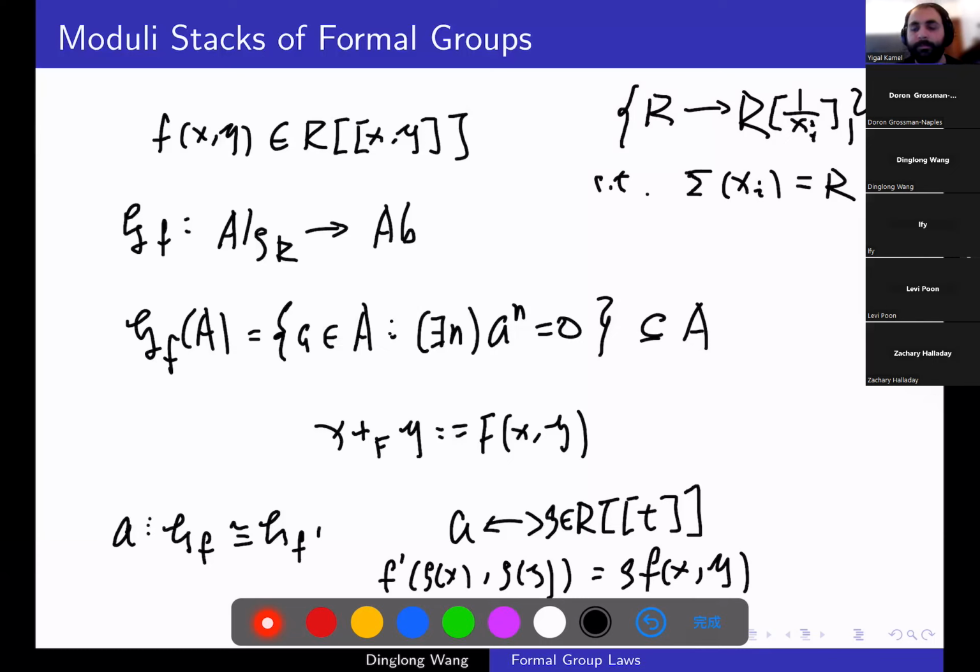So I can write it down this way: there exist x_i such that the sum is equal to 1. With respect to this open covering, everything is clear. You're basically taking the open set of a scheme, and the condition is clear in that setting.